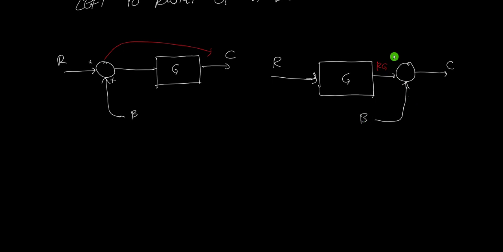Because our C here is the sum of the two, R plus B, so the output is R plus B times G. So we need a C that will be equal to R plus B times G. If this is plus and this is plus, we have RG plus B, and they are not the same.